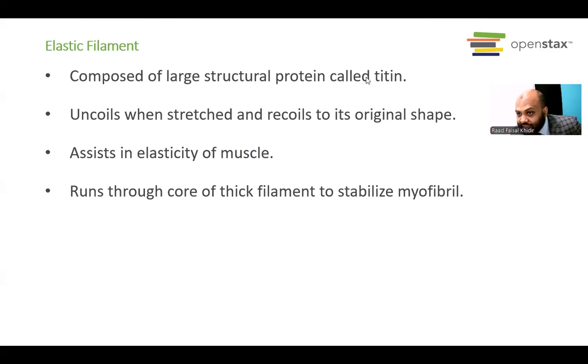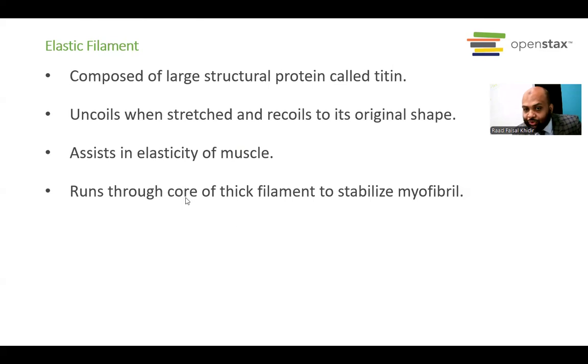So what is the job of titin? Titin is important for the elastic movement. Yes, it uncoils when stretched and recoils to its original shape. It uncoils when it's stretched and then recoils back like a spring. You know, the spring, you stretch it and then it recoils back. And it assists in the elasticity of the muscle.